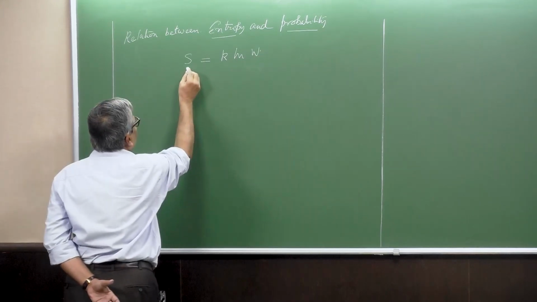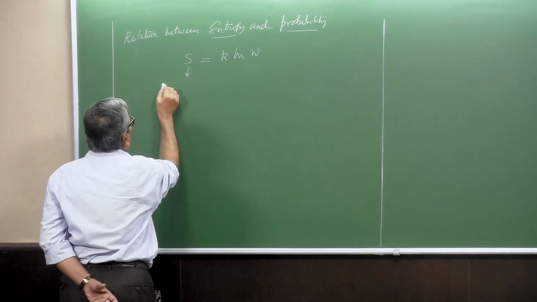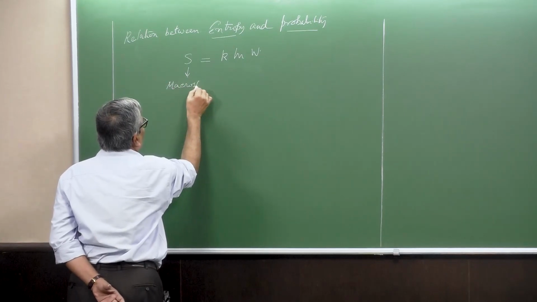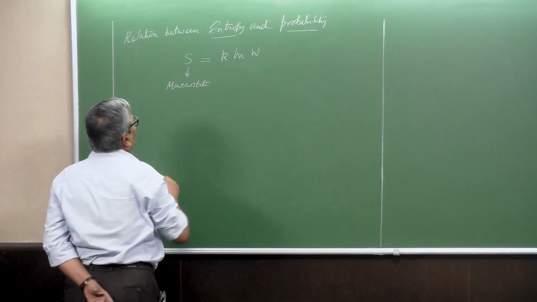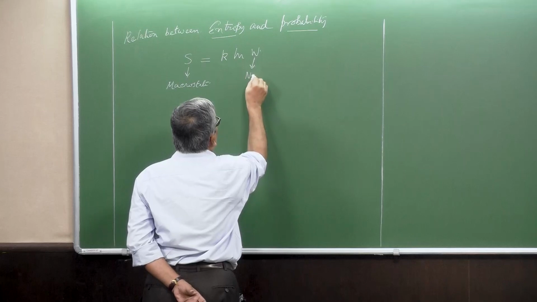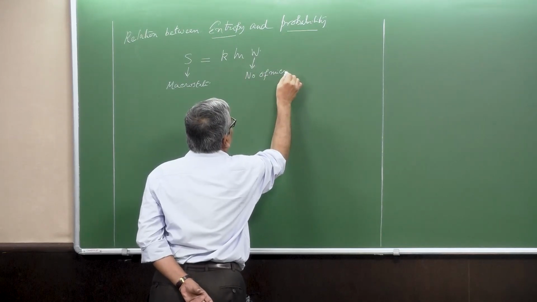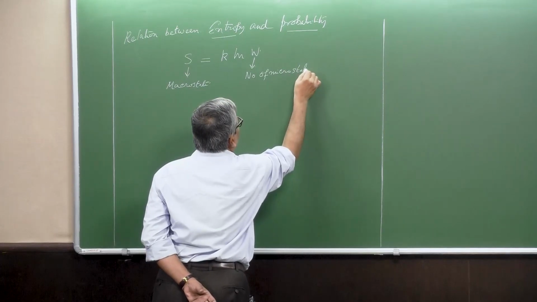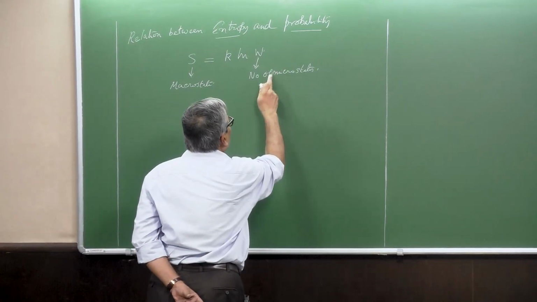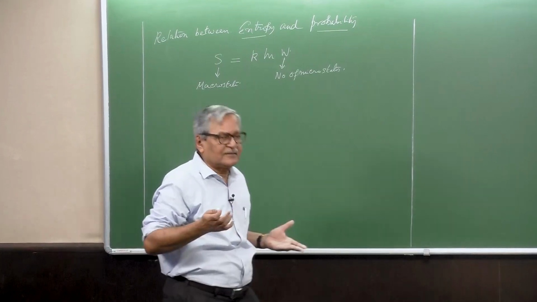So, this S is basically the entropy of a macro state of a thermodynamic system, and W is called the number of microstates. Now, how does this relation affect the other relations in thermodynamics?